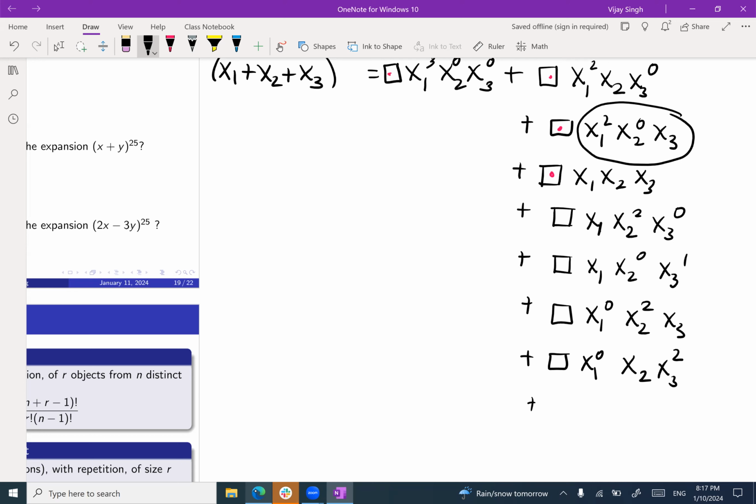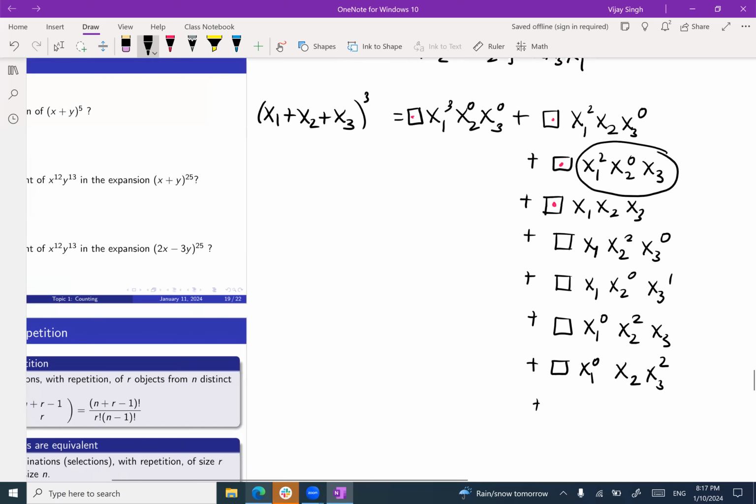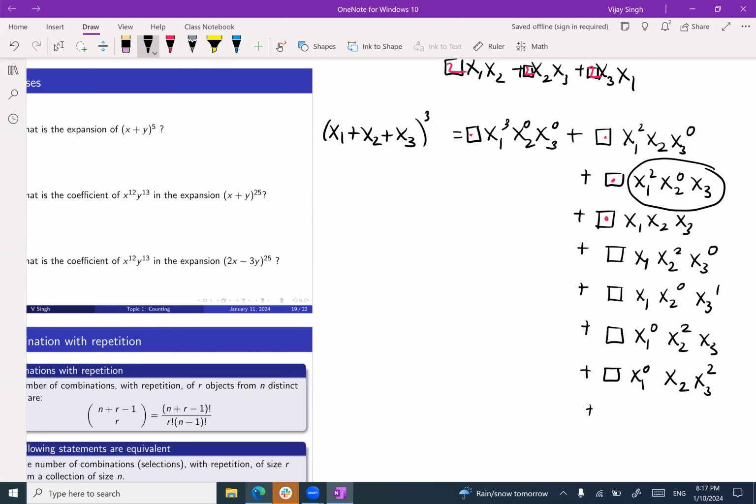This is what your multinomial theorem answers. Multinomial theorem says the following. What is the power here? 3. So it's going to be 3 factorial divided by, now let's look at individual powers. And here we have what? 1.